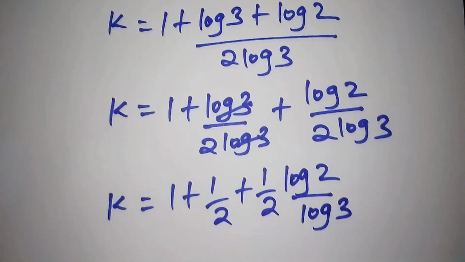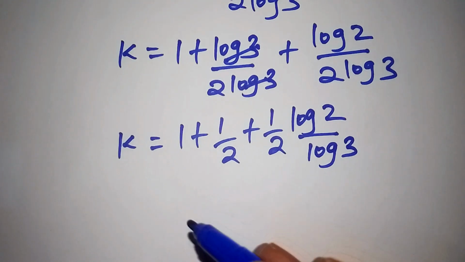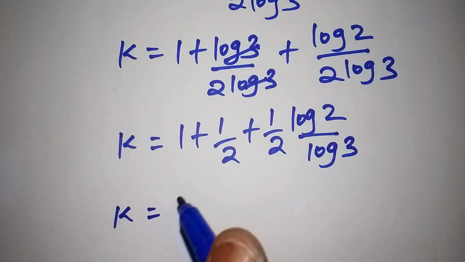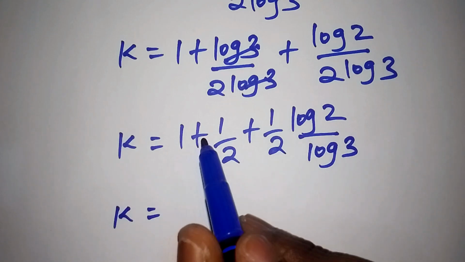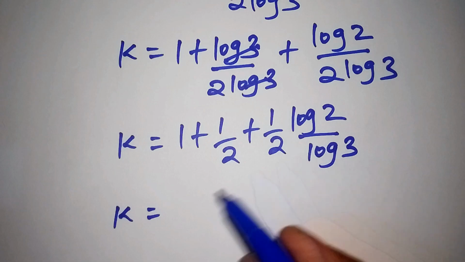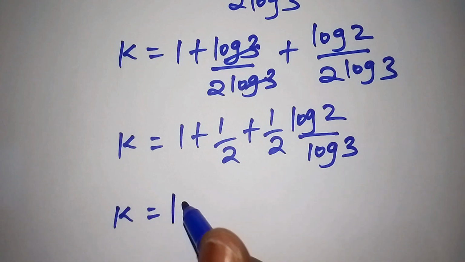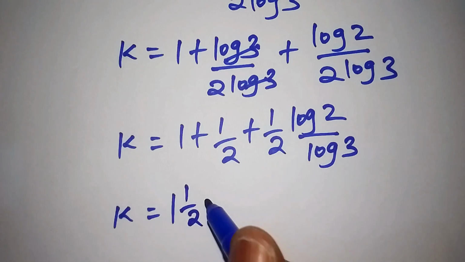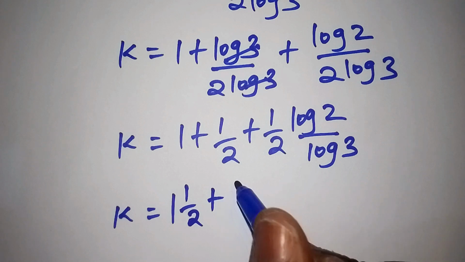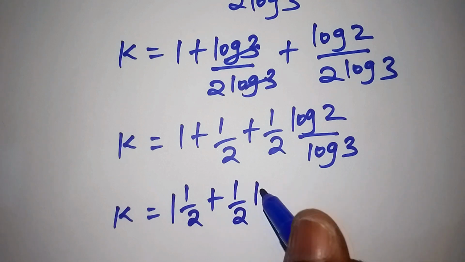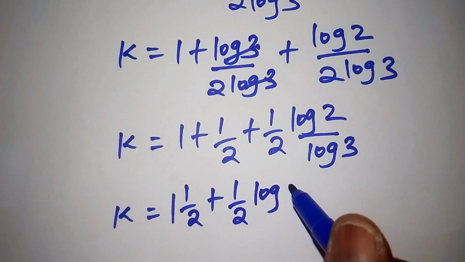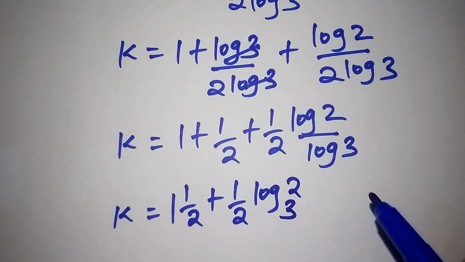Next, our value for k is equal to 1 plus 1 over 2, which is 1 and 1 over 2, plus 1 over 2 times the log of 2 to the base of 3.